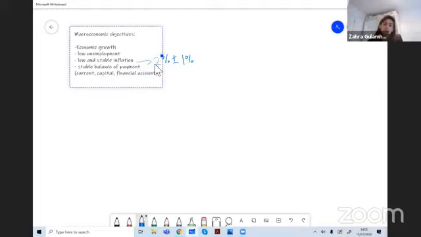We are also going to be looking at how the government must have a balanced budget. When we have a balanced budget, what are we looking at?